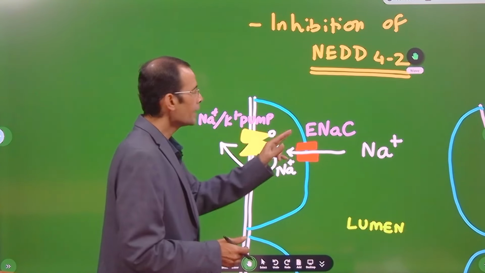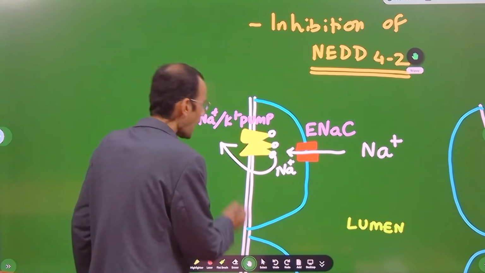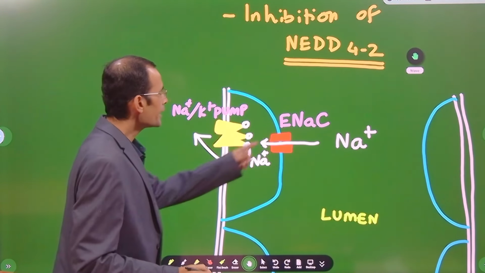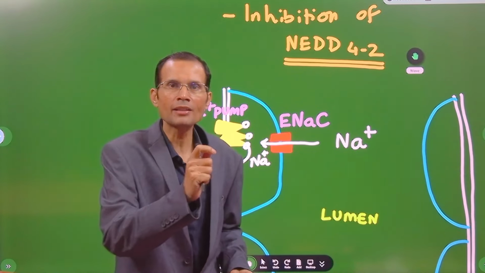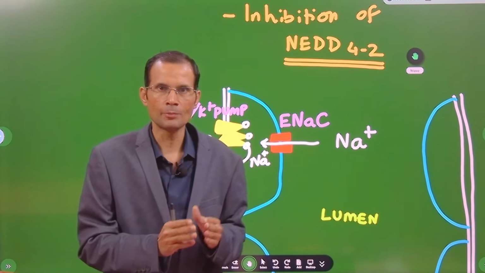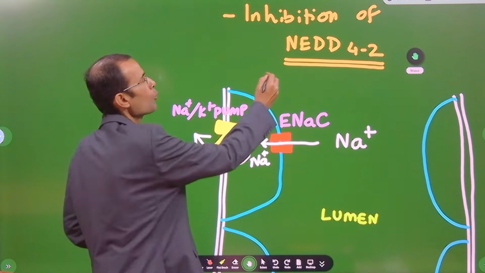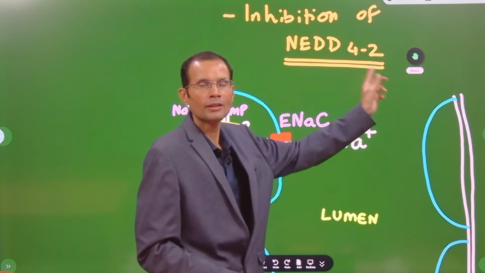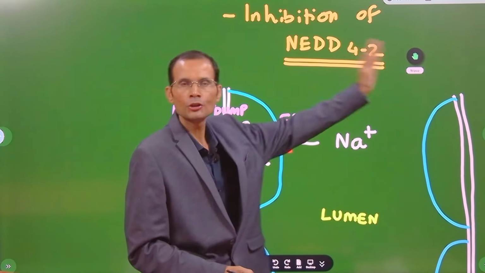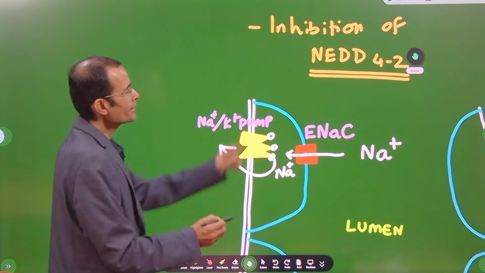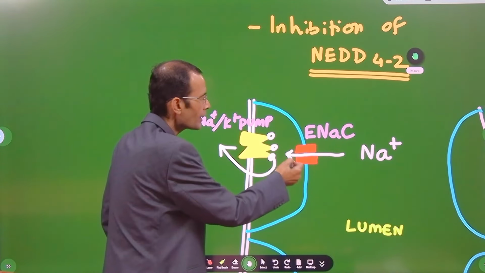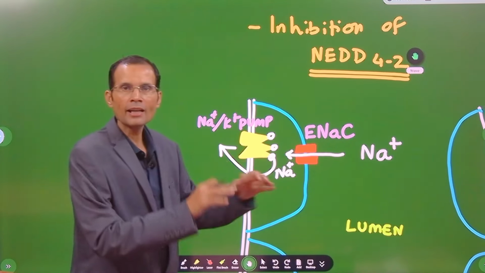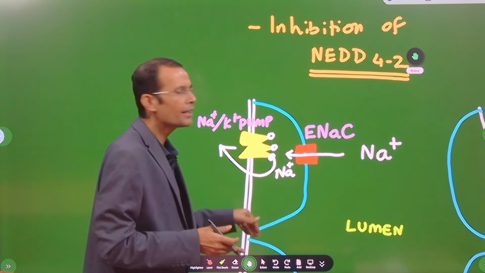ENaC is a membrane protein, and whenever it has served its function, this ENaC will be tagged by a ubiquitin system called NEDD4, or to be more precise, NEDD4-2. This is a ubiquitin ligase which will tag the membrane protein, the ENaC, so that the ENaC is removed from the membrane and then degraded inside the cell.